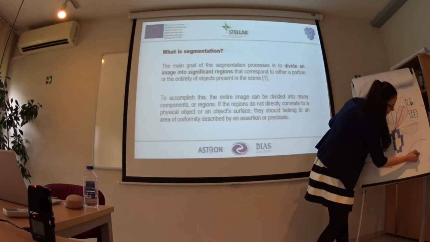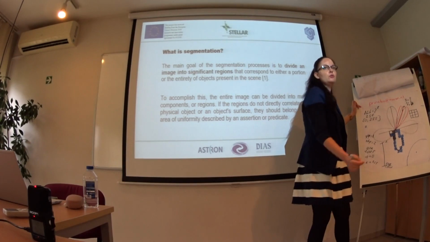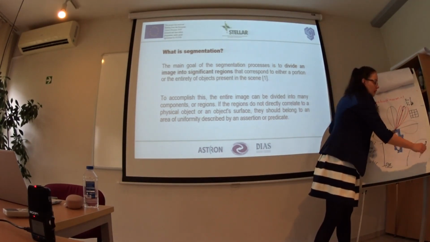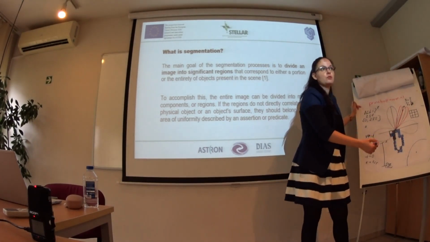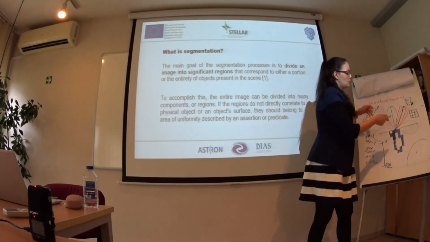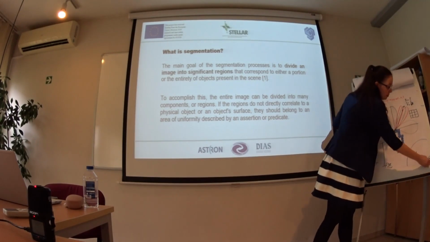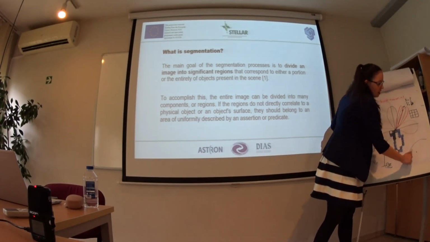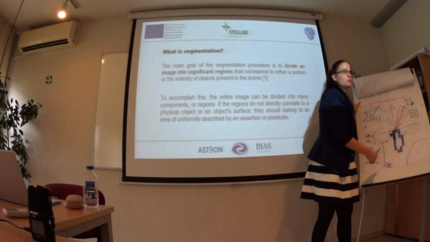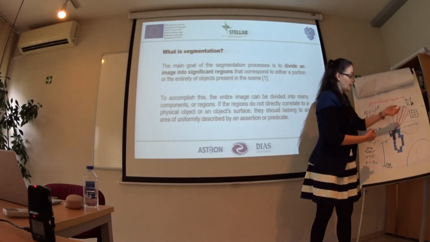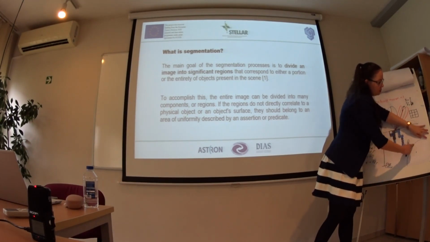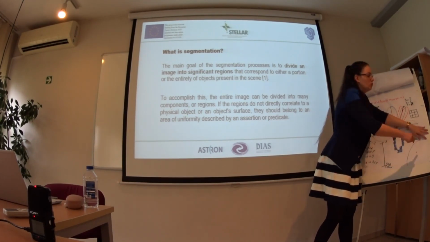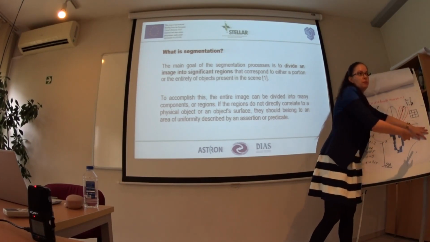I can continue drawing, right? That will be a part of the circle that I want to present, or I cut my image in a manner that I cannot take the entire object that I want to process. In this case, I will probably be able to segment this part, but I won't be able to reproduce the form itself.